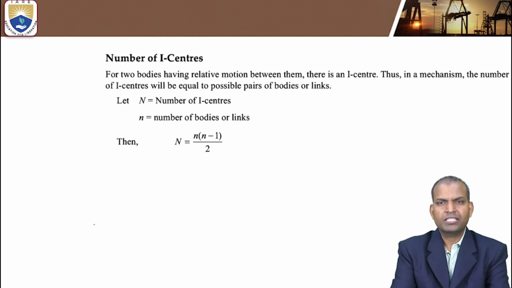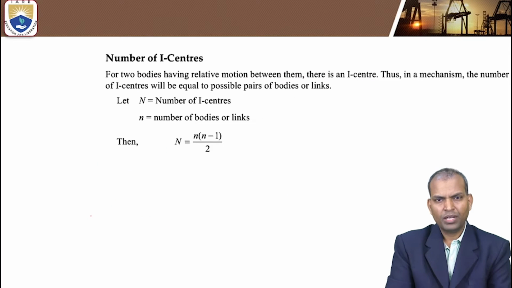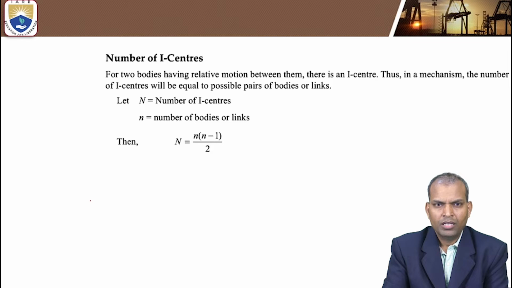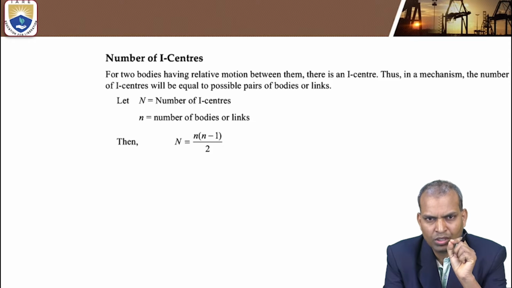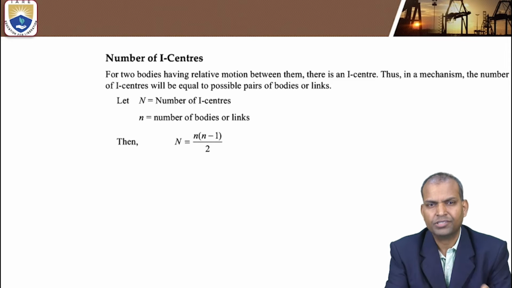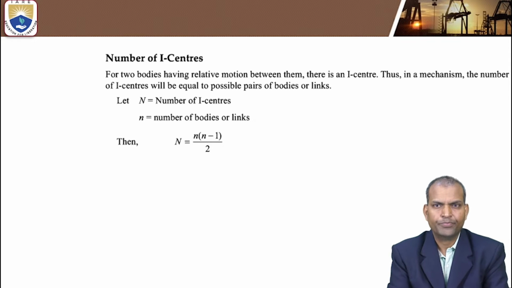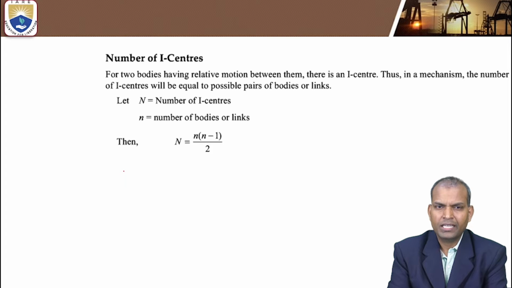Now, what is the number of I centers? An I center can be observed only when two links rotate relative to each other. So for two bodies having relative motion between them, there is an I center.